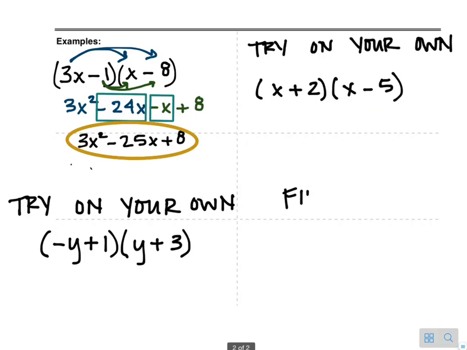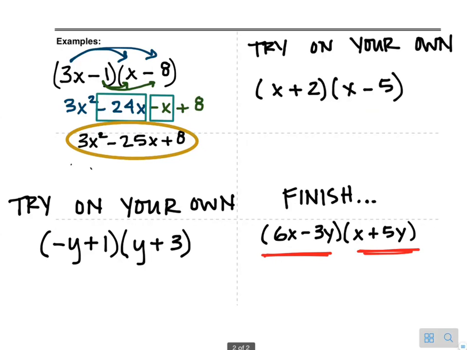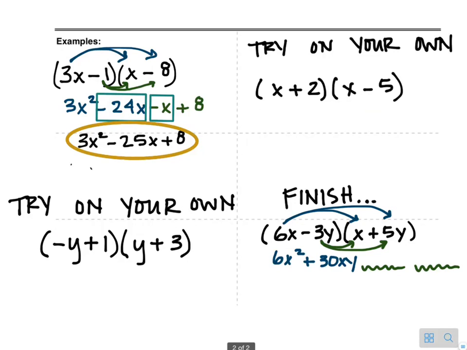And I'd like you to finish as I start this FOIL process here of 6x minus 3y times x plus 5y. So the two binomials, again, this is our binomial and this is our second binomial. Again, binomial means that there are two terms within them. And we're going to start off to say 6x times x to give myself that 6x squared.